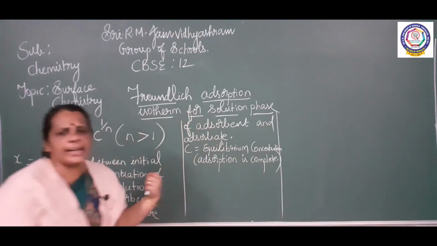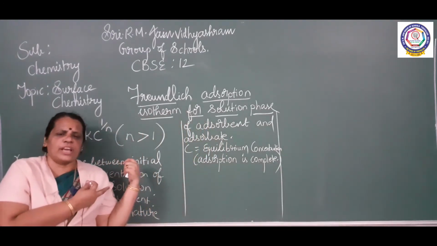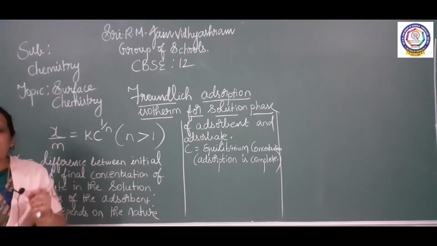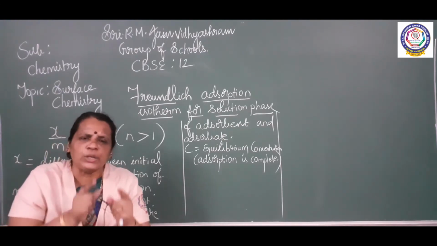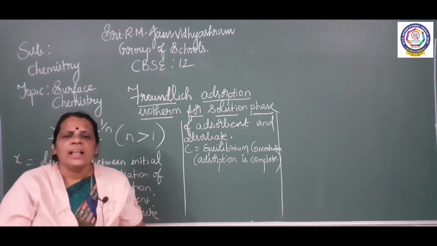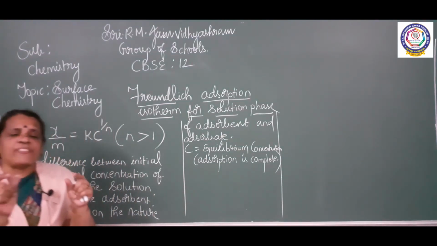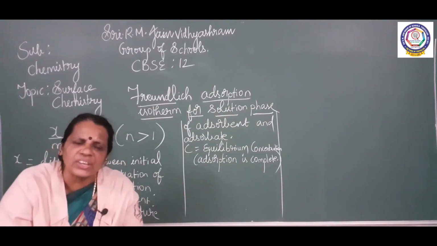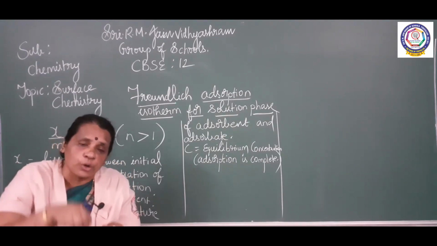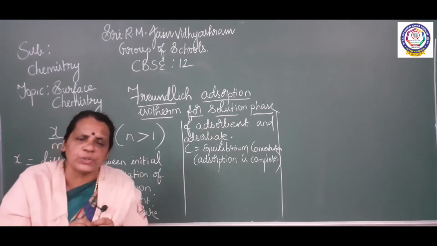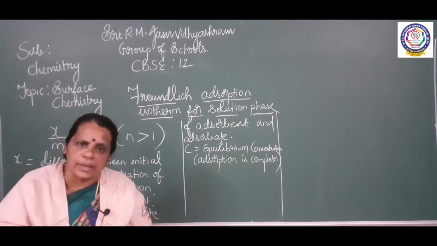So here I told about the Freundlich adsorption isotherm for solution phase. What is the equation we have written? x by m is equal to k into c power 1 by n, where n is greater than 1. What is x here? The difference between the initial and final concentration of solute in the solution. What is small m? It refers to the mass of the adsorbent.